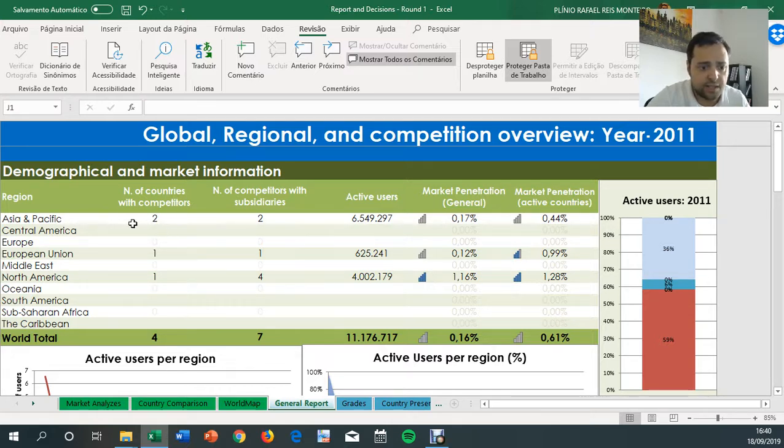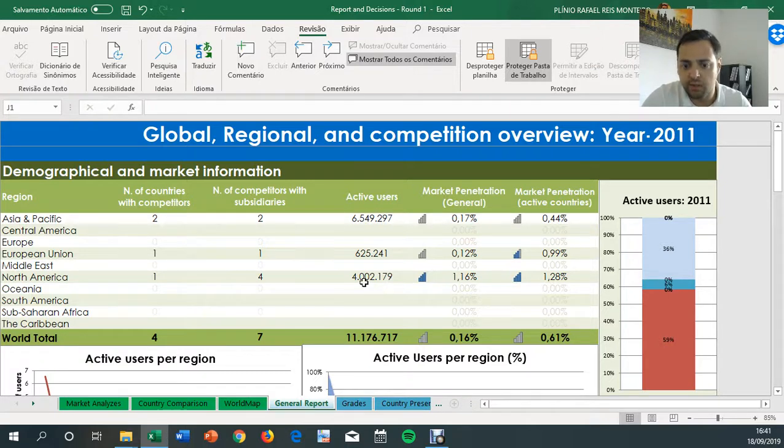For instance, in Asia and Pacific, we have 2 countries with competitors, and we have two competitors there. And in the European Union, we have just one company operating, and also just one competitor with subsidiaries there. And in North America, we have operations in just one country, but in that country, you have 4 different competitors operating there. And let's look here at the number of active users.